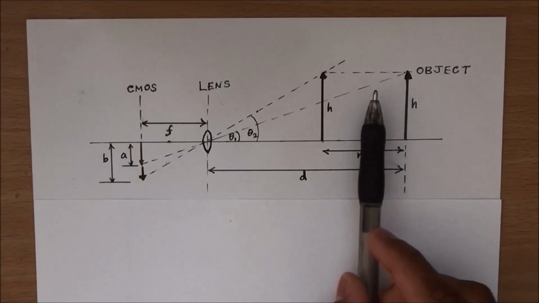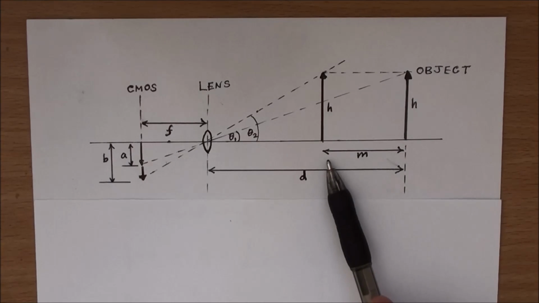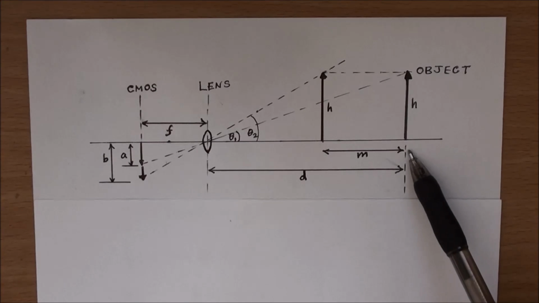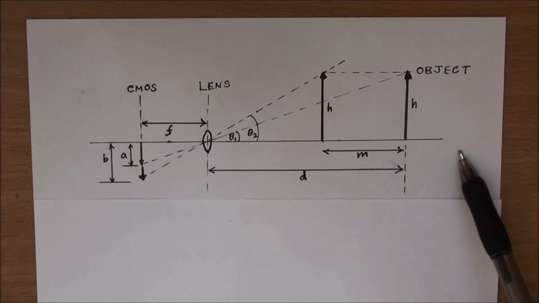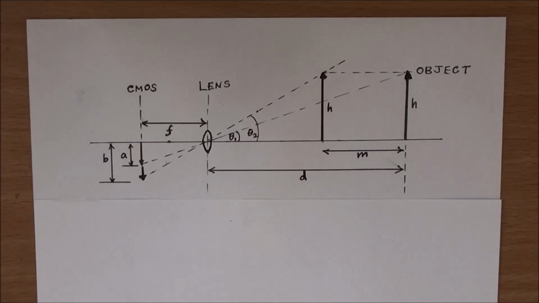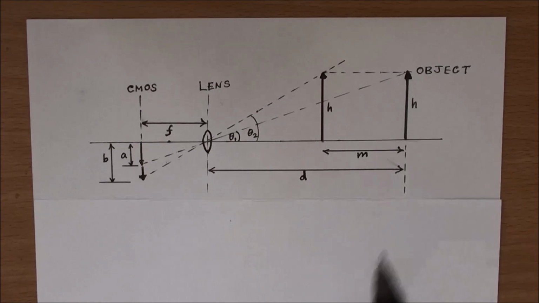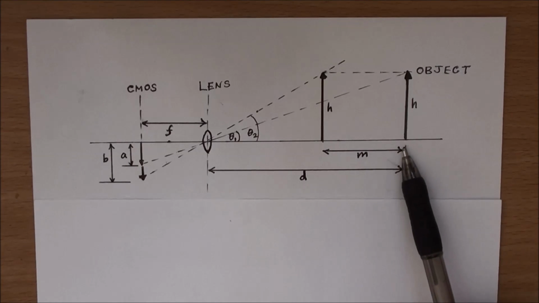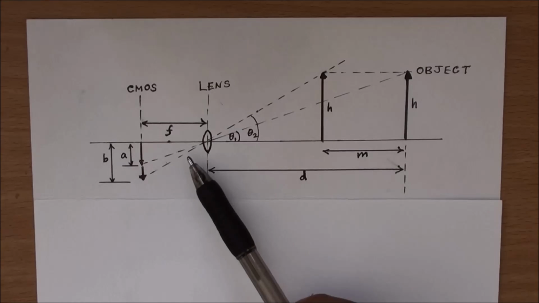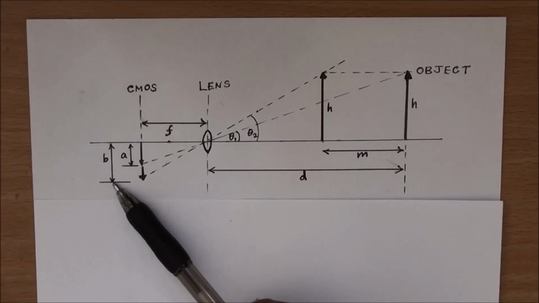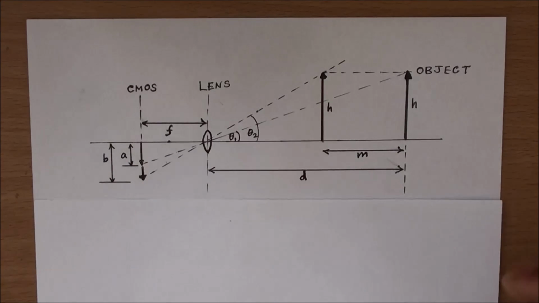If we then bring the object closer to the lens, now you could apply the same algorithm to a distance greater. If you increase the distance between the object and the lens, you could move this way. But let's do it this way. So the object moves closer to the lens. So what would happen then is the image grows to a bigger size, and then you could assign a new height of b.